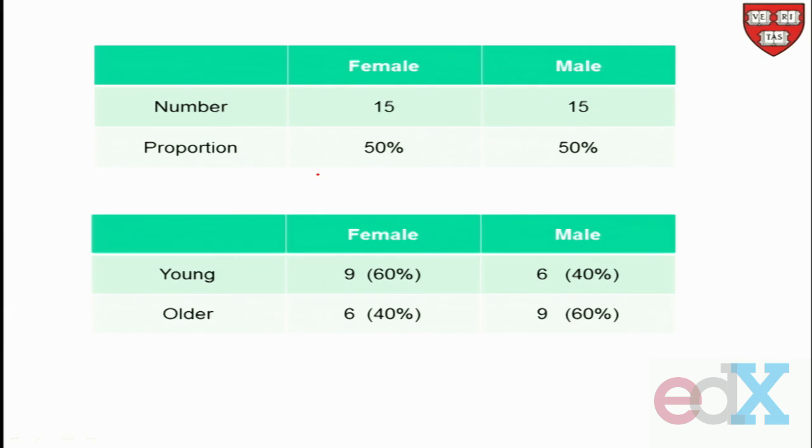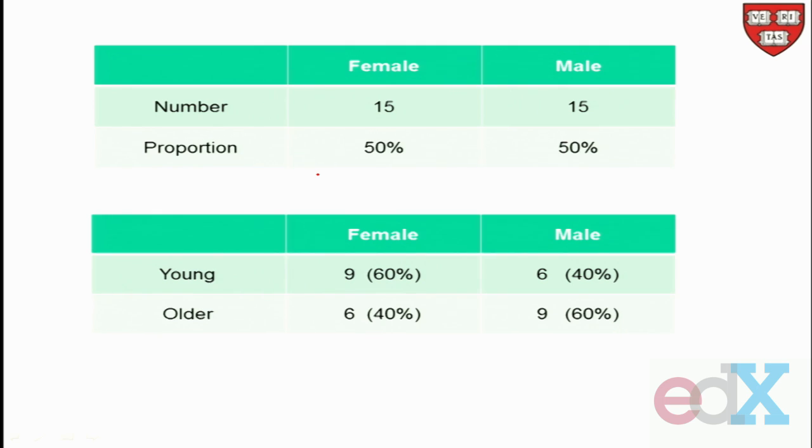All right. Why stop there, though? Suppose that in this classroom we judge students as being young for the classroom or older for the classroom. Now, suppose that 9 of the females, 60%, were classified as young, and 6 were classified as older.